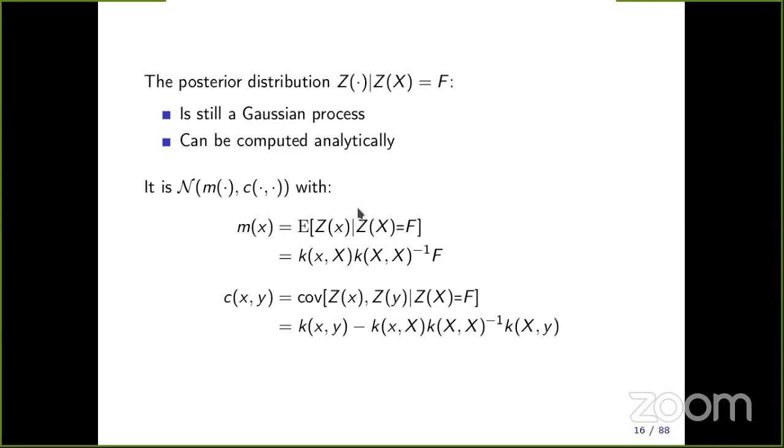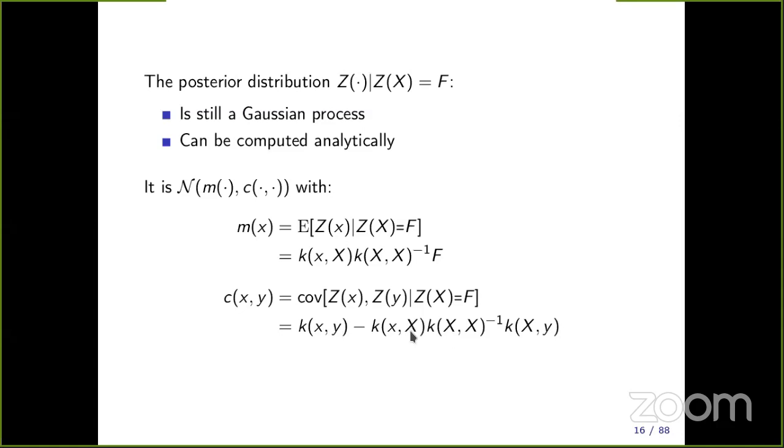Is there a typo in C of XY? No. Okay, yeah, just checking. Somebody suggested that there is, but no. So maybe it's because of the notations I'm using, so maybe I can say a bit more on that. Here we can assume that lowercase x and y are just points in the input space, so this is just a scalar value.